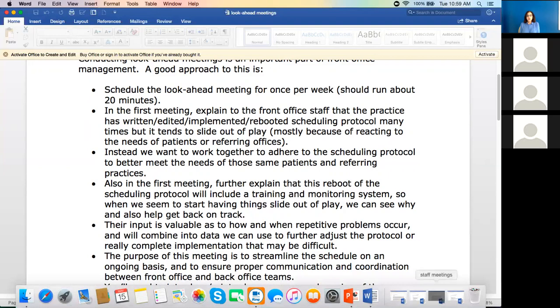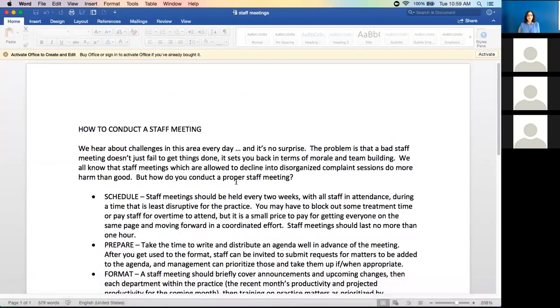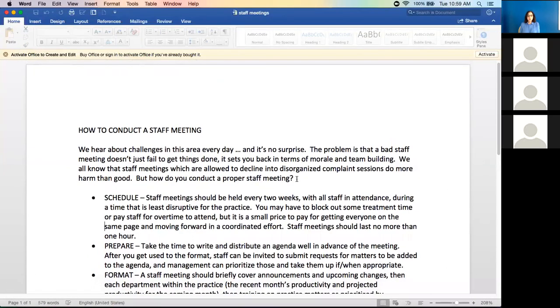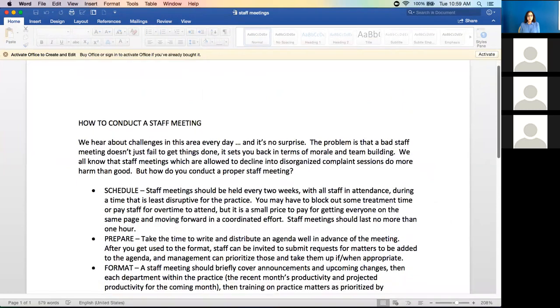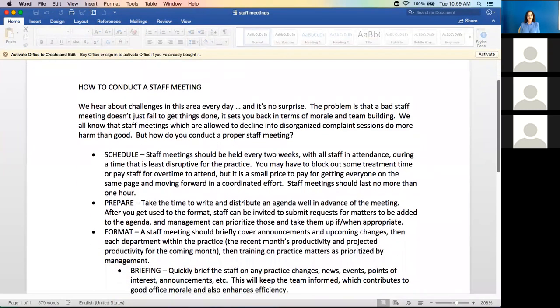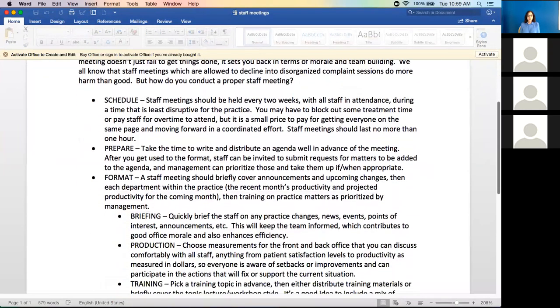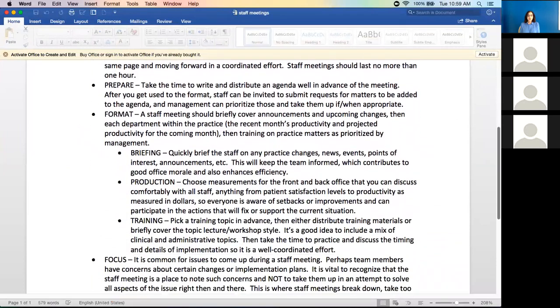Continuing on, the article having to do with the staff meeting is a bit more specific, but I think that it also needs to be. This will talk to you about your preparatory steps for planning a meeting, how to schedule and prepare, and what the format should be. And then within the format, which we talked about, doing some announcements, going over some stats, and going over some training, it gives you some advice on each of those points.